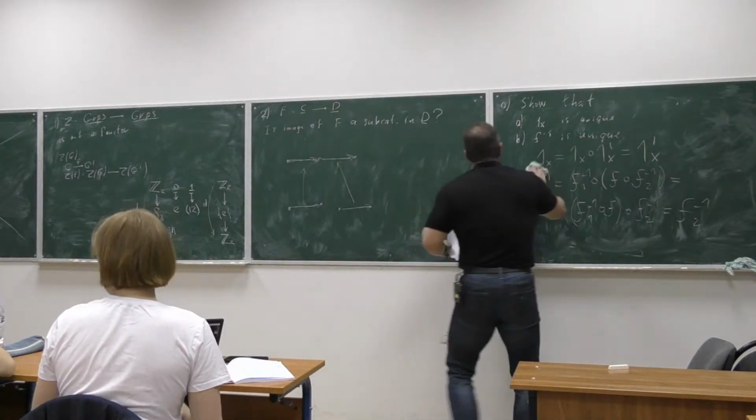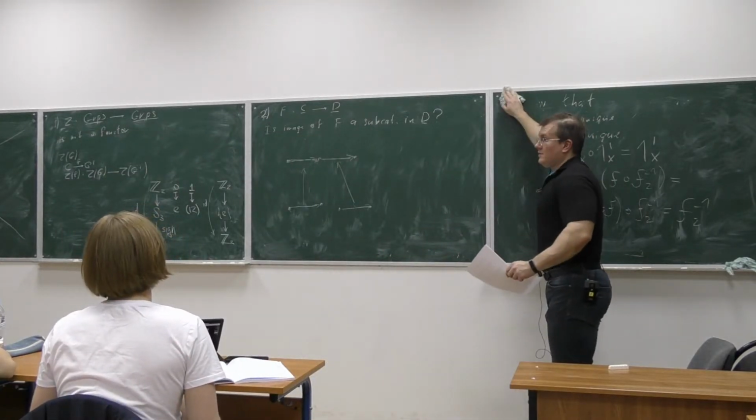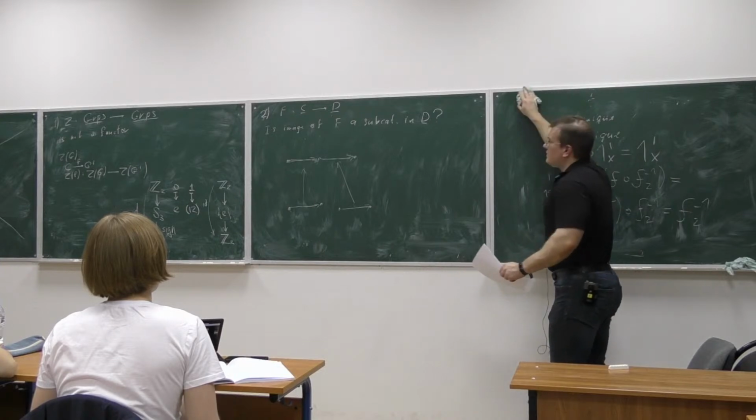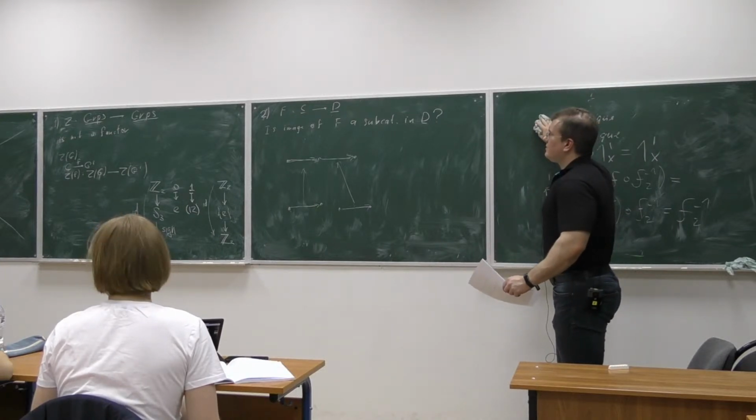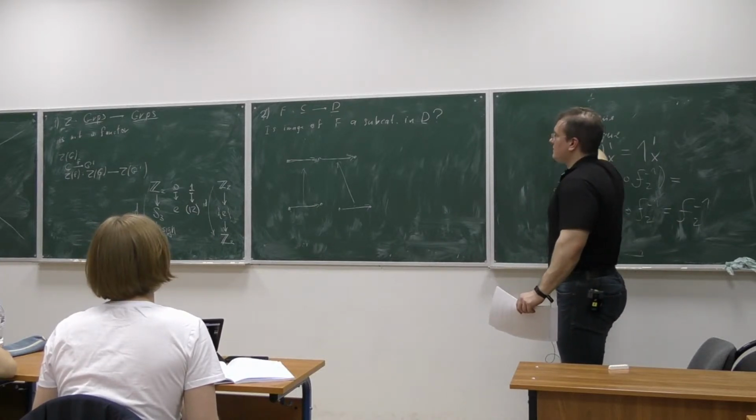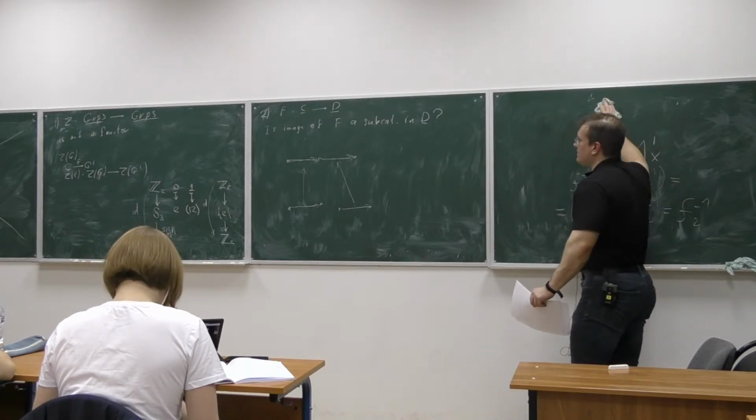And if the map between the objects is injective, would the image be a subcategory? Like, if F of objects of C to objects of D is injective.